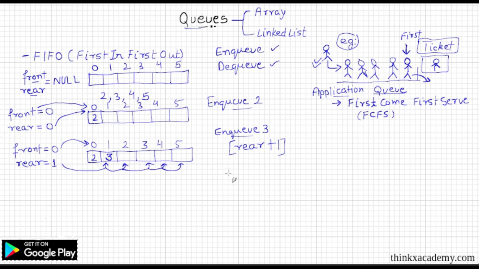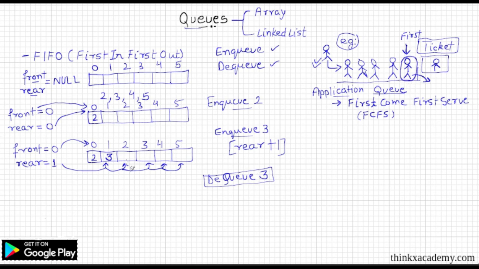So let's now see what will happen in case of a DQ function. Let's suppose now we are going to perform a DQ function and we are going to DQ 3. The only choice in DQing is that you will have to perform the DQ on the front end.